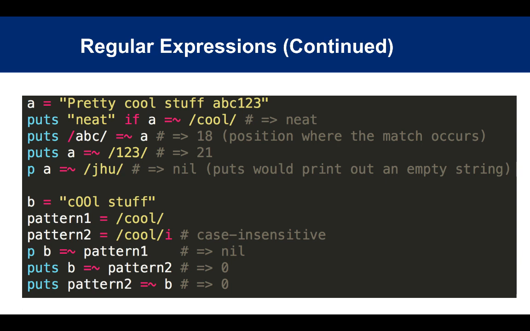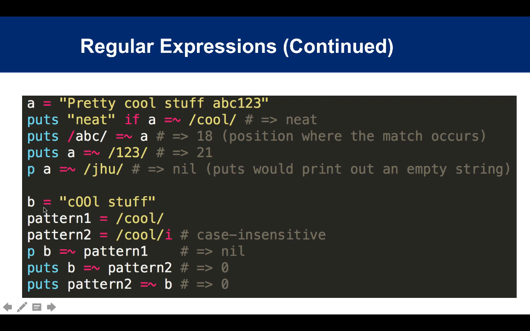And in this case, it's going to be 18 because ABC is at the 18th position in the string. Then let's say you want to see if the string pretty cool stuff ABC123 matches a regular expression JHU. It does not. When the match does not occur, you get a nil.